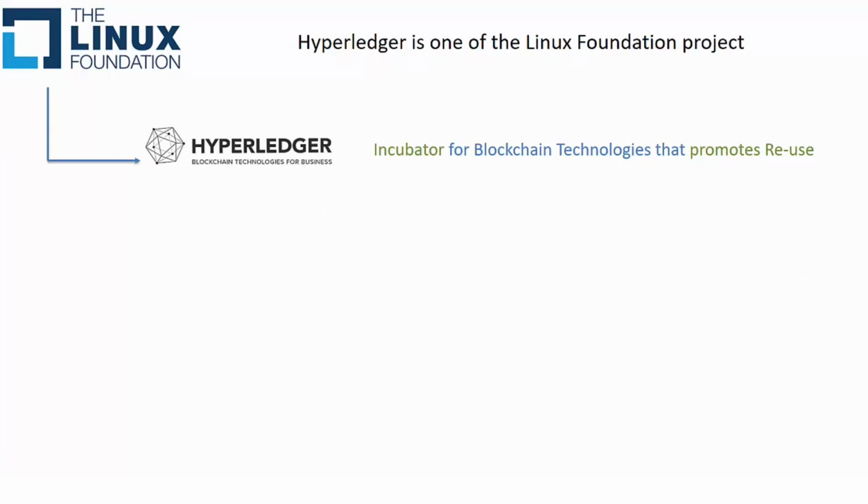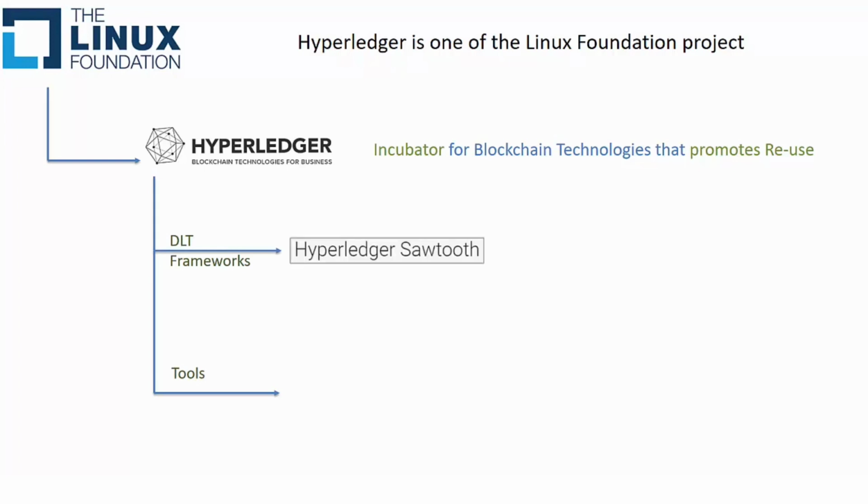All of the Hyperledger initiatives are put in one of two categories. The first category is the DLT frameworks, and the second category is the tools. There are 4 active DLT framework initiatives. Sawtooth is led by Intel. Iroha is led by Soramitsu.